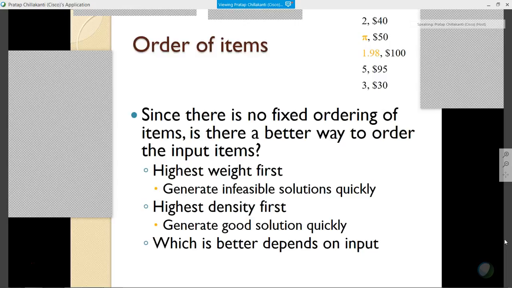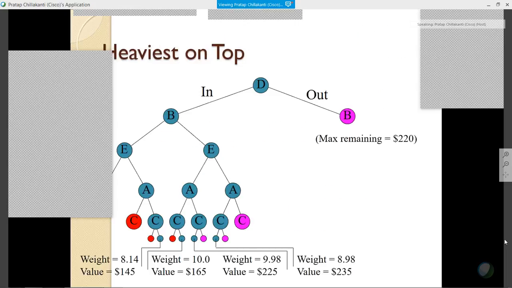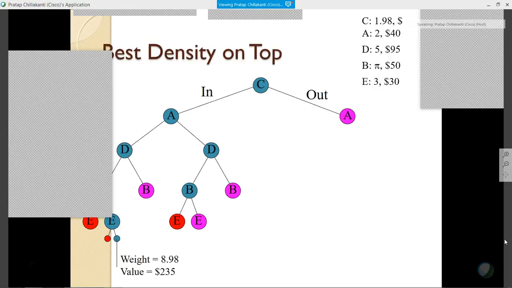So it is really 1.98 over, the maximum value that you're deriving. Lowest weight, maximum value, correct? Isn't 1.98 the lowest weight? That's the density: lowest weight, maximum value. It is a comparison, weight over value. So by doing C on the top, you get a picture like that.